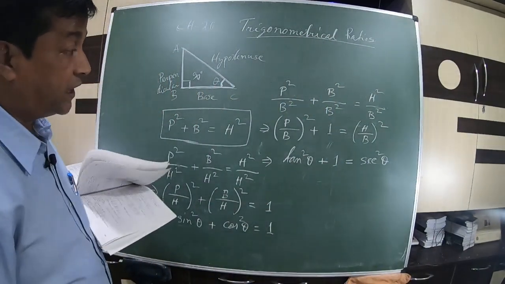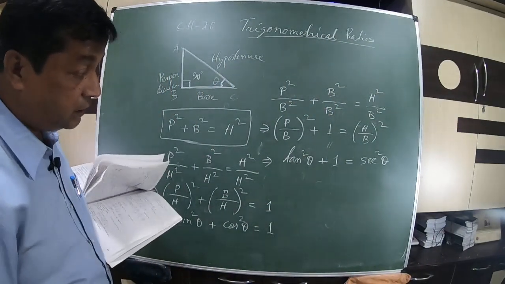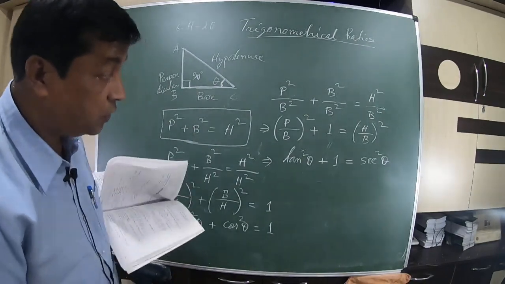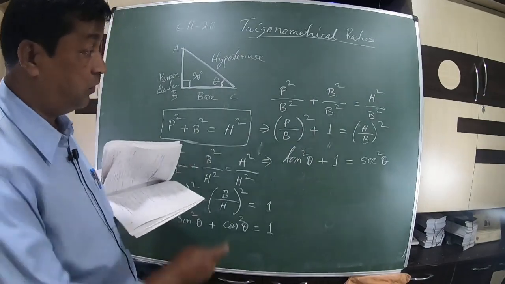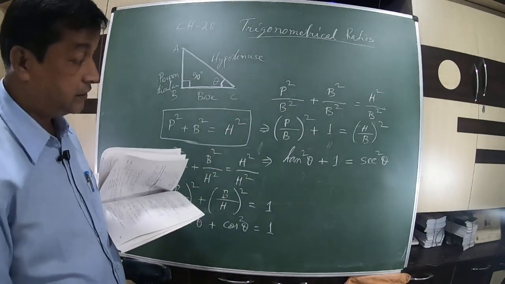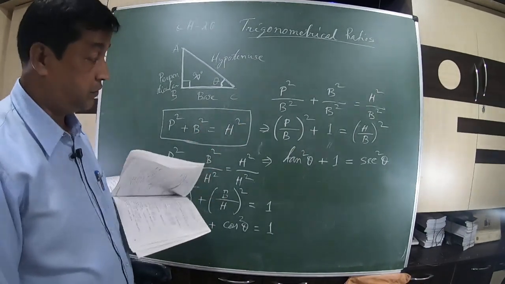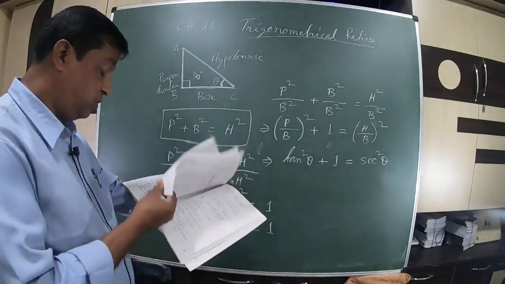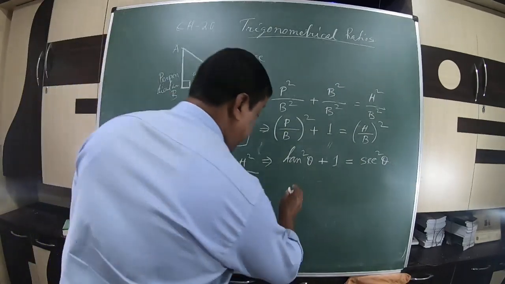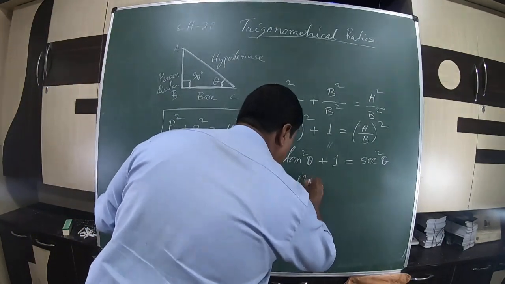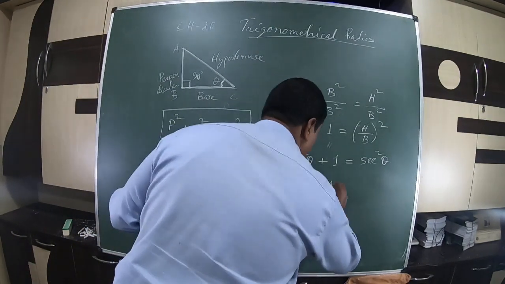So like this you can find out that tan square theta plus 1 is equal to sec square theta. I think it's clear to you how you find out the relation between the squares of these ratios. One more formula is there: similarly you can find out cot square theta plus 1.